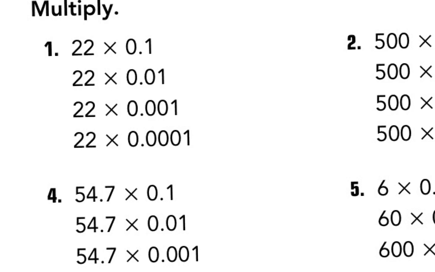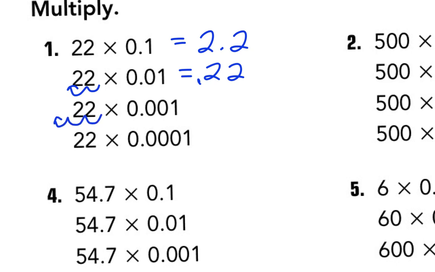So if we look at number 1, here we are, the first example, multiplying by 1/10 moves the decimal 1 spot to the left, times 100th, moves the decimal 2 places to the left, would be 22 hundredths. By 1,000th, moves the decimal 3 places to the left, would be 22 thousandths.